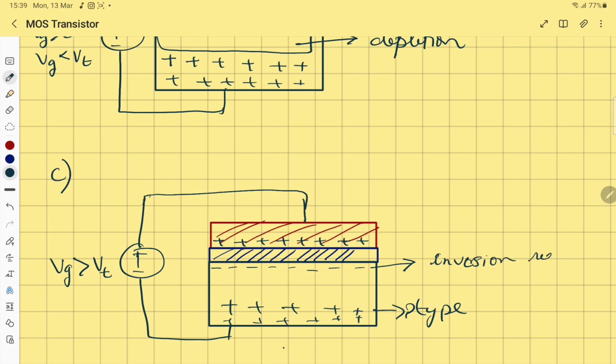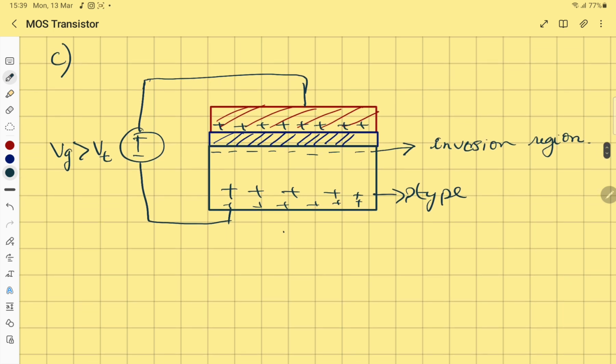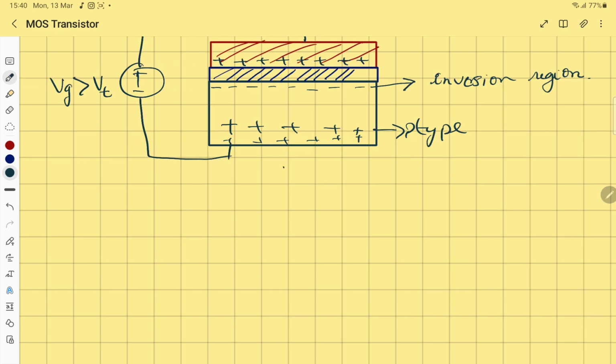All right. Okay, so now if this much is understood, you have understood the concept of a MOS capacitor. These three layers sandwiched on top of each other are acting as a capacitor, and we call it a MOS capacitor.